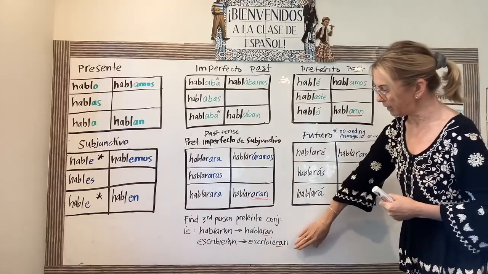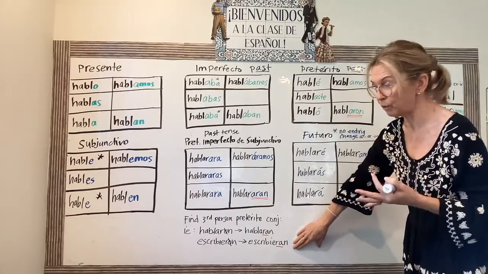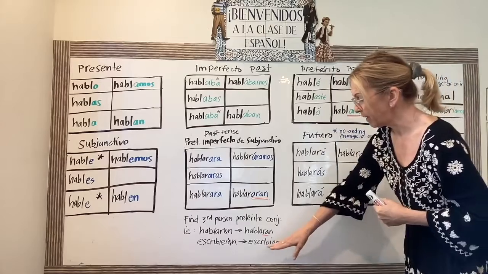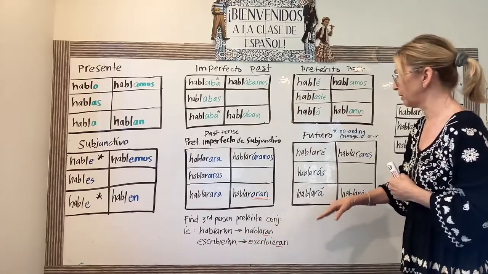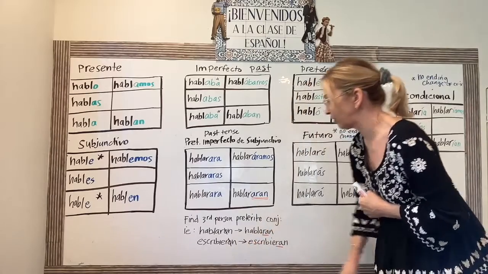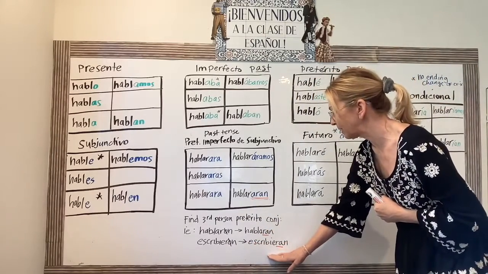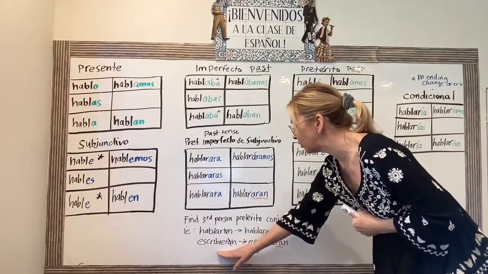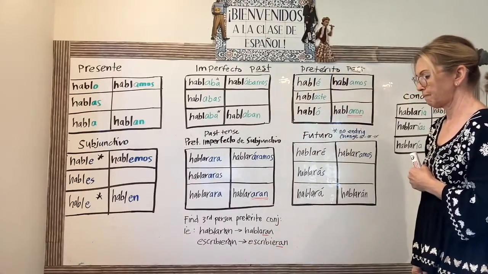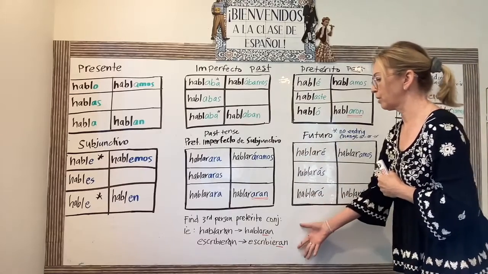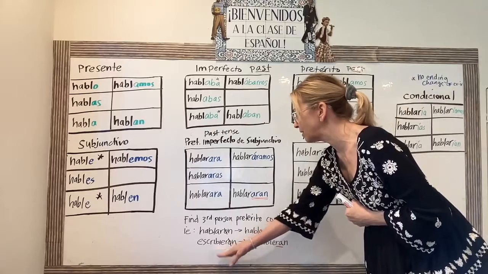Okay, let's see what happens. The reason I'm showing you this now is just as a preview, because we'll be going over this next. The third person for an IR verb or an ER verb looks more like this, escribieron, right? And that would change to escribieran, or you'd say comieron, and you would change it into comieran, right? So this is why we refer to the third person preterite in order to do this change, because it changes the stem.